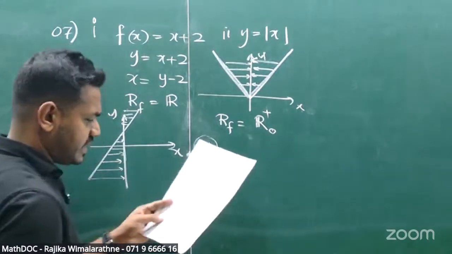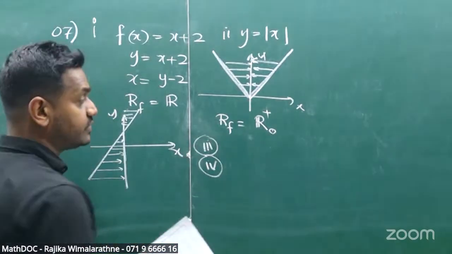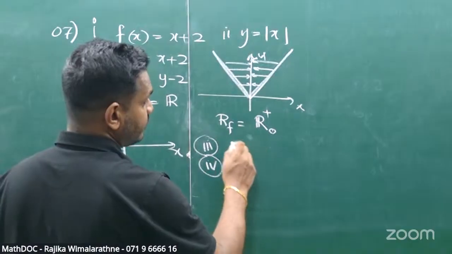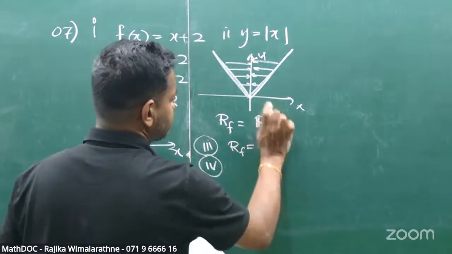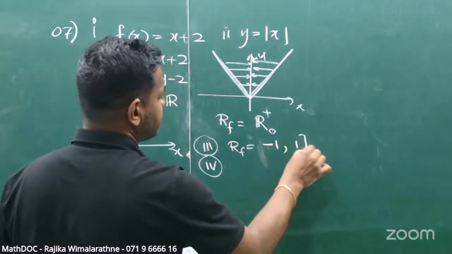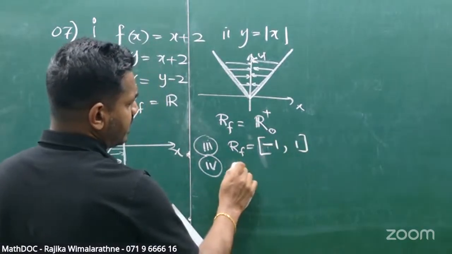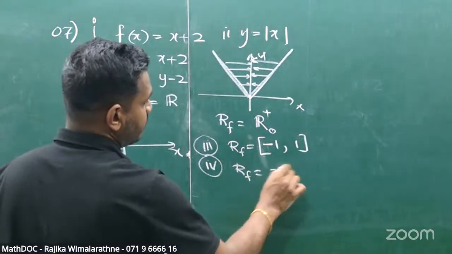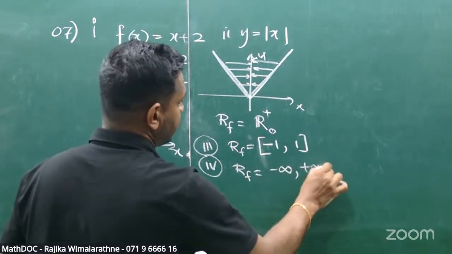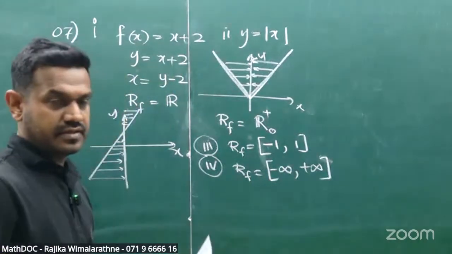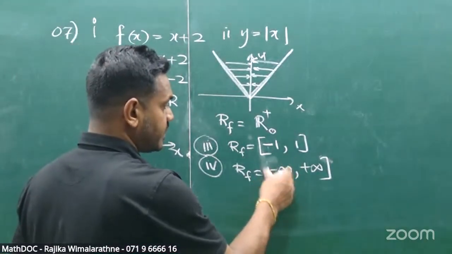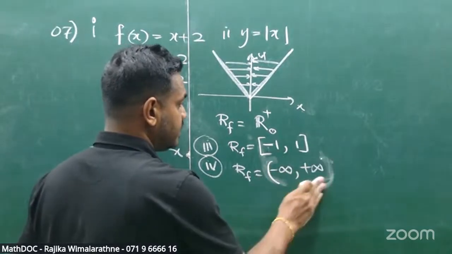For now you just write the solution. Sine range: -1 to +1. Here the range. Tan range: -∞ to +∞. Don't worry about this part. Within square brackets we write that; for infinity we use open brackets.